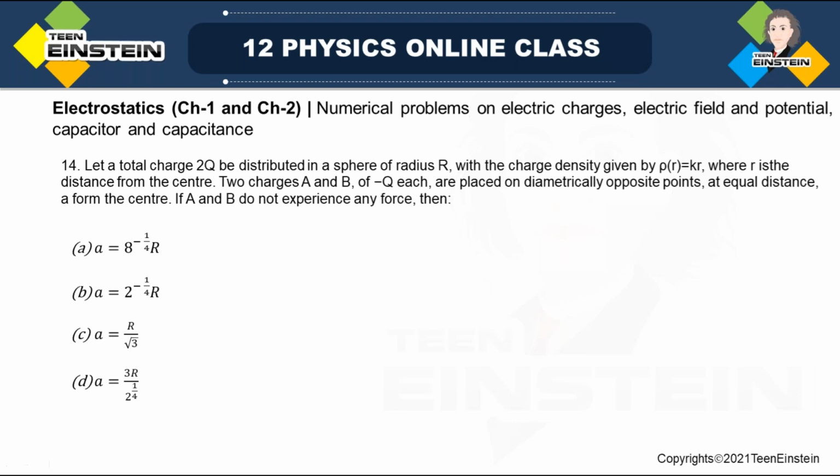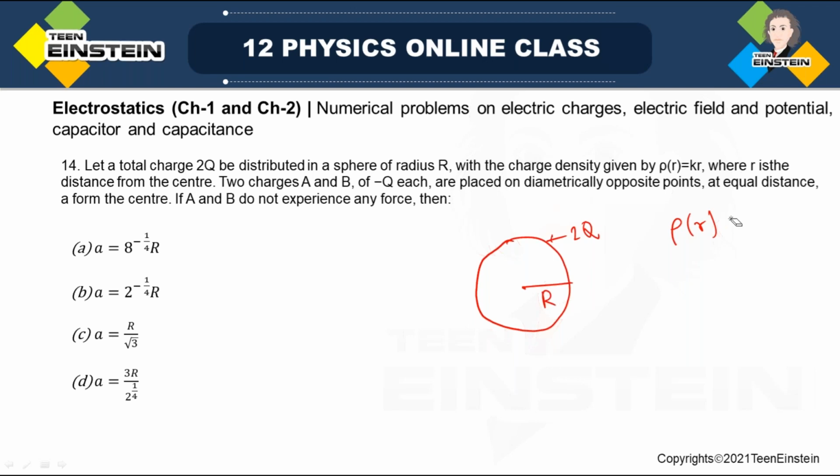That means, suppose there is a sphere of capital radius R. 2q charge is just given to this and it is distributed over the sphere with charge density rho r is k of r.